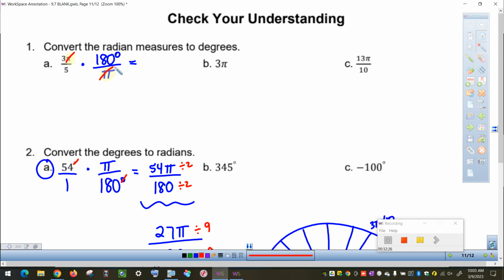Pi is not a symbol for radians, but the pi's will cancel on the top and bottom. And so then I'm going to multiply across the top, so I'm going to do 3 times 180, and that gives me 540 degrees. When I multiply across the bottom, it's really like 5 times 1, so it's just 5. And then I'm going to continue going, so 540 divided by 5 gives me a final answer of 108 degrees.